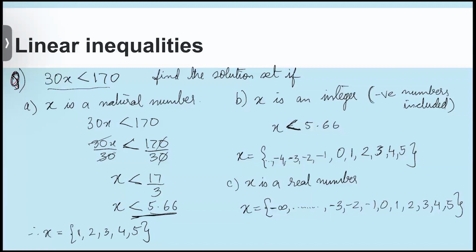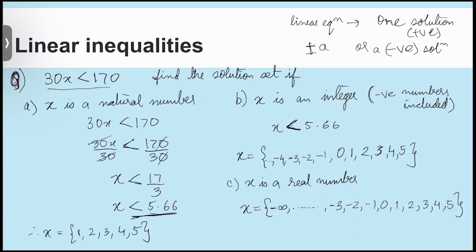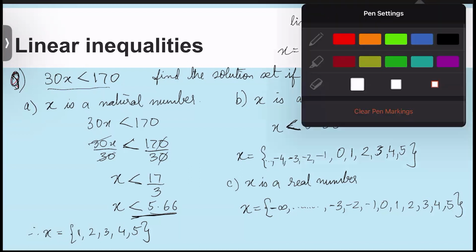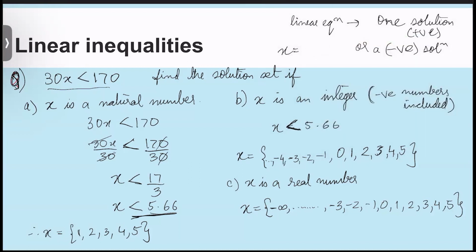When you have linear equations, you usually get one solution, say a positive solution or a negative solution. It will be either positive or negative.